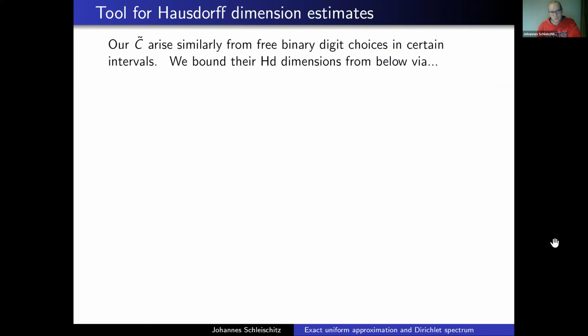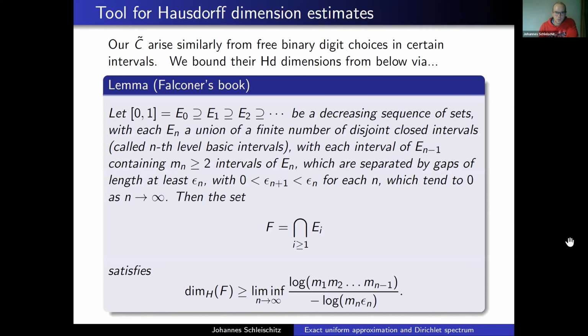Yeah, so the Hausdorff dimensions of the Cantor set are bounded by some lemma from Falconer's book, which is kind of classical again. So you have some interval construction, like in the Cantor set, where you have some nested decreasing sequence of sets. And in each step, you divide the given set into a number of subsets, and you are given how many subsets there will be, mn, in step n, and you also know by how much gap you will have between them, denoted by these epsilons.